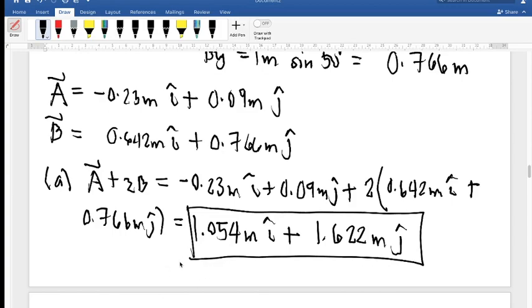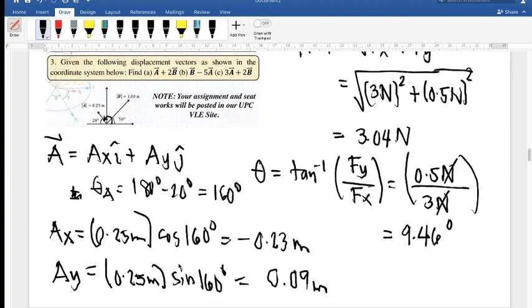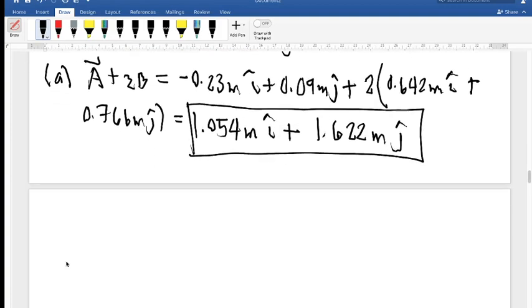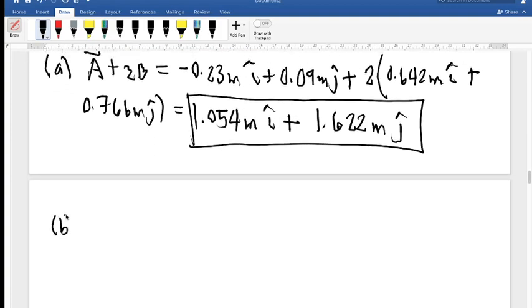Then how about your b minus 5a? So what is that? So b minus 5a.